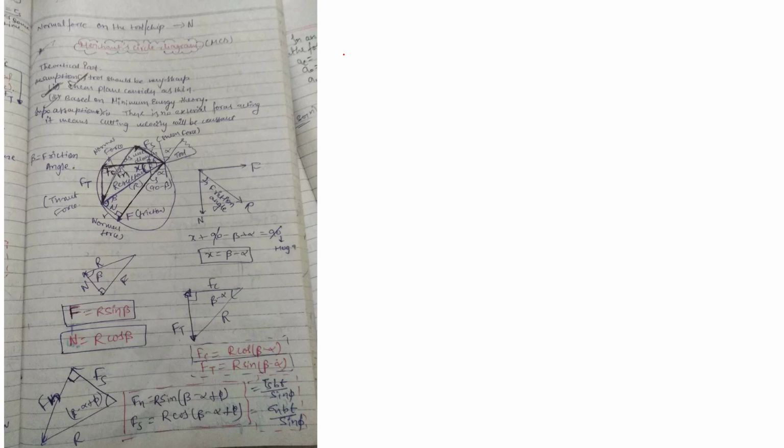Yes, we can also use the merchant circle theory to find the various forces. What does the merchant circle theory say? First, I have to make the workpiece to analyze all the forces, to teach you how to draw them. This is the tool. This is the reference plane.